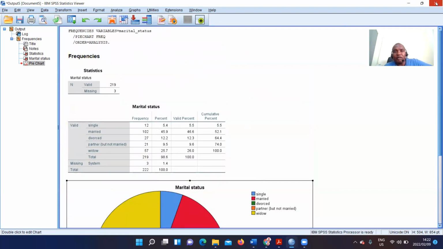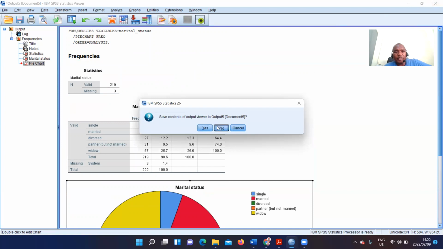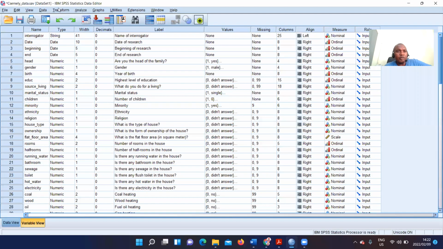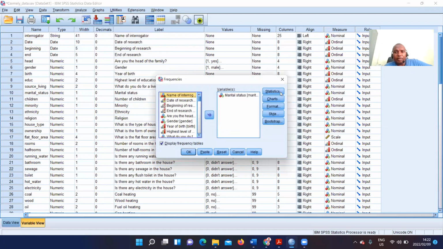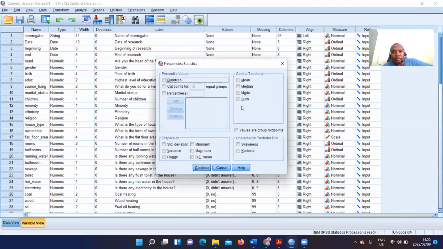And then we can close that output window. And then we go to Analyze, Descriptive Statistics, Frequencies. But now we want to calculate those other statistics, which I said we may not calculate. We now want to calculate basically everything, so that we can just say 1 or 2 things on all of these calculations.